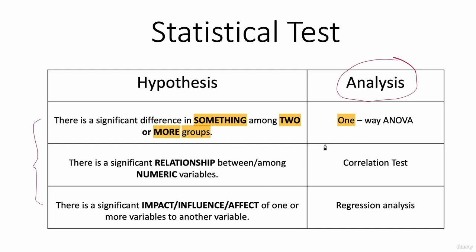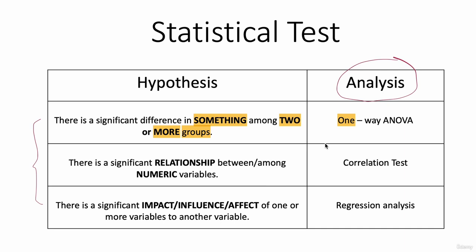However, in our case, the hypothesis is about any difference in the students' performance scores or exam scores between two scenarios: one group that has the exam scores of students for the new teaching method, and another group that has the exam scores of students for the traditional teaching method.